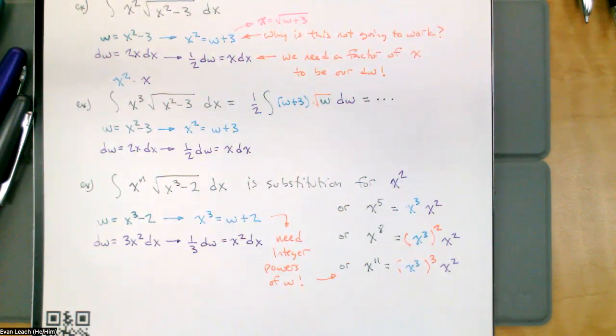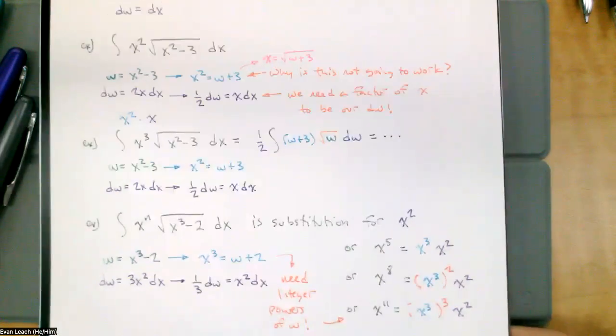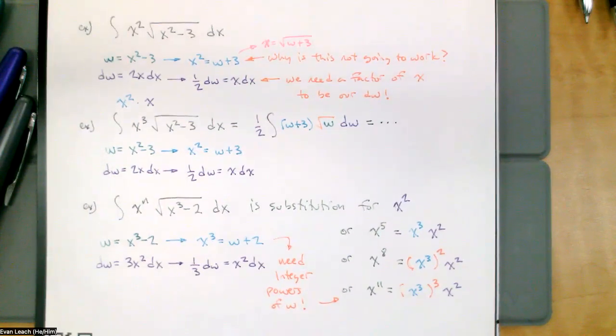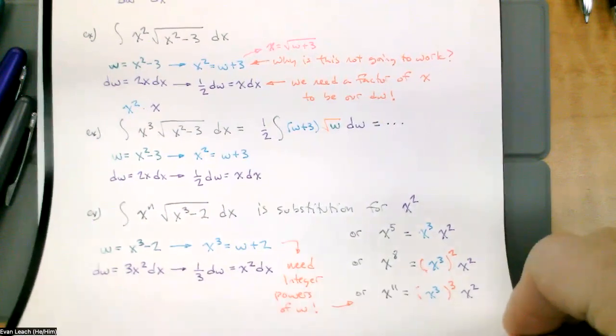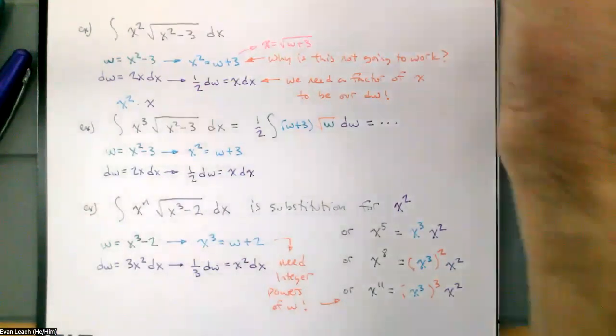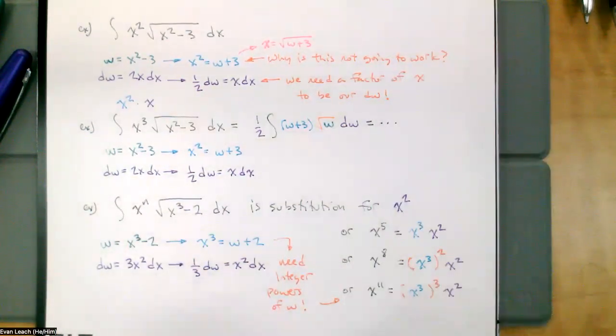If there's a composition, chain rule will always get you what you want. Here, I have problems that are super similar. One of them is substitution and one of them is not. Integration is weird like that. Any questions?